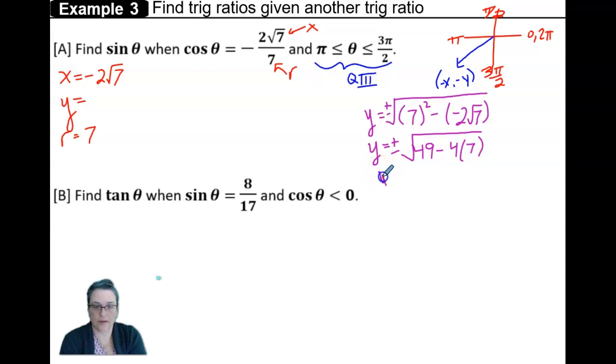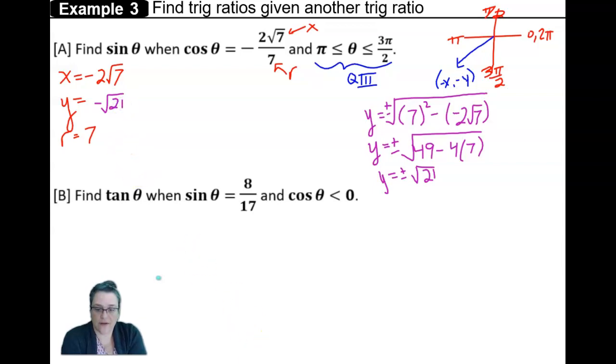So then we've got the square root of 49 minus 28, which is 21. And from our range specified from pi to 3 pi over 2, we figured out already that the y is going to be negative. So we discard the positive answer, and the y is equal to negative square root of 21.